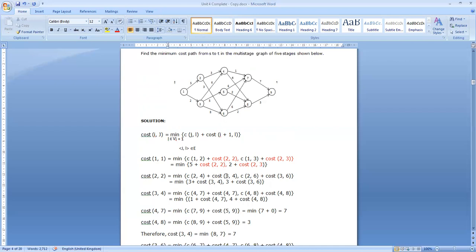This you have to find. Then 2 to 6, C(2, 6) is 3, so the weight value is 3 plus cost of (3, 6), since 6 is in stage 3. This you have to calculate.